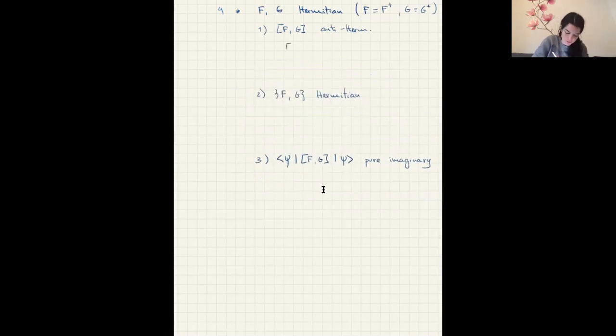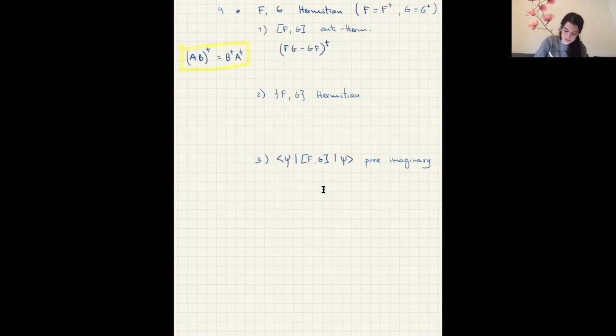First let's write what the commutator is, FG minus GF. Now if we want to take the complex conjugate of a product of matrices, you need to change the order of the matrices and take the complex conjugate of each of them.